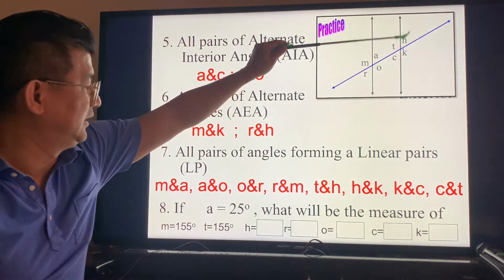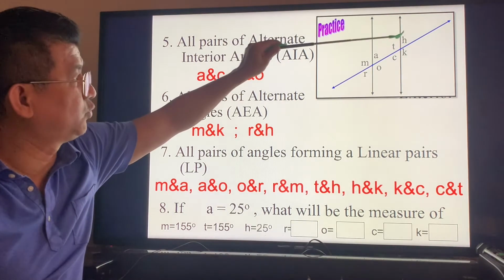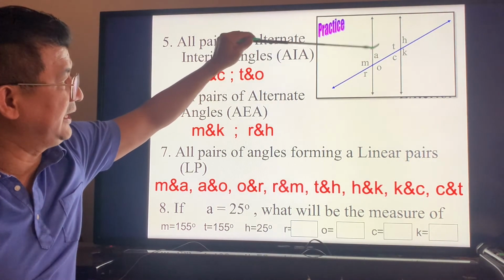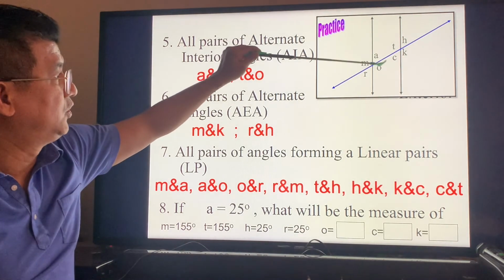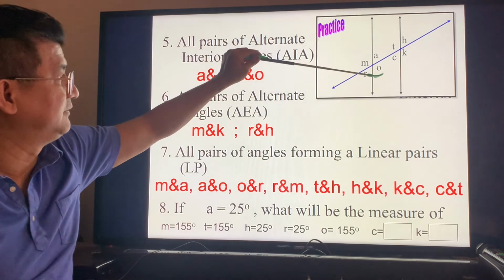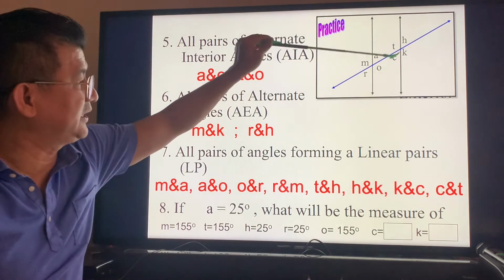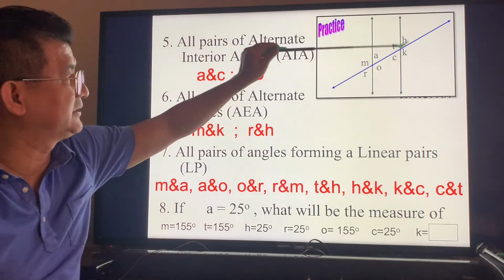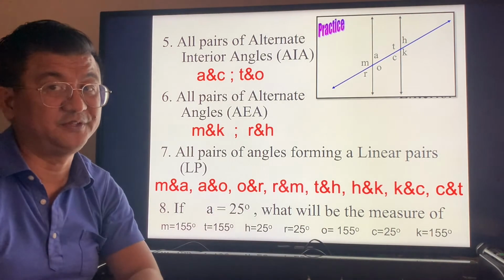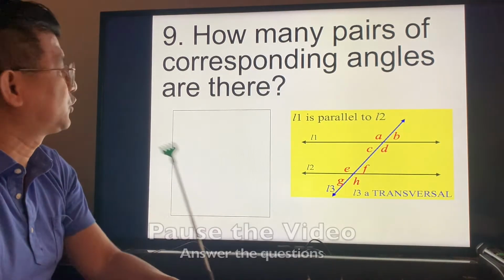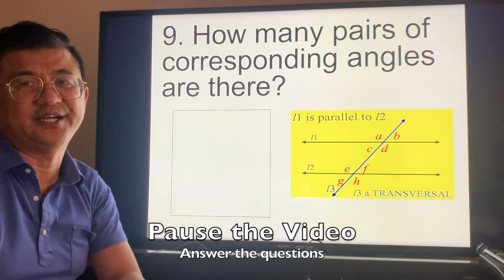H will be same as A, 25. R will be same as A, 25. O would be the same as M, 155. C would be the same as H, which is 25. And K would be the same as T, which is 155. You got it right?